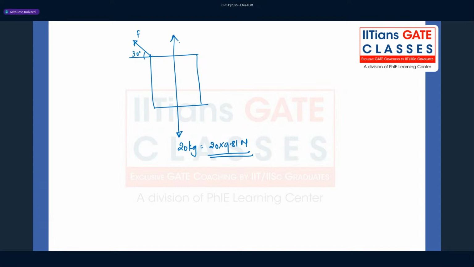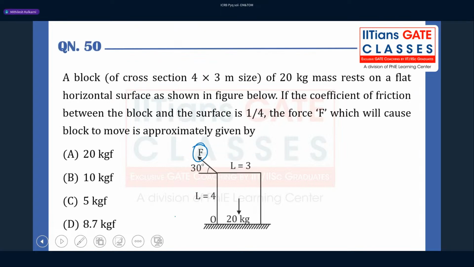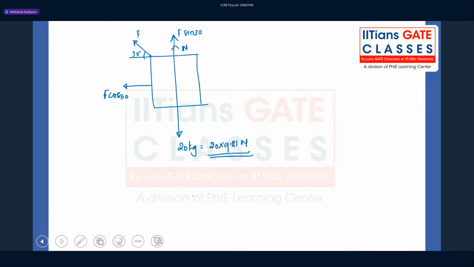The vertical component of this force will be F sine 30, and the horizontal component will be F cos 30. We'll have the normal reaction because this block is kept on a surface, and it will also have the frictional force, mu into N, in the opposite direction to the force. So this is the overall diagram.